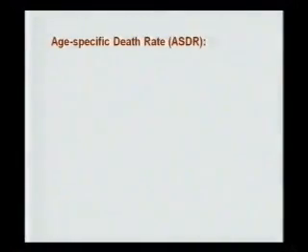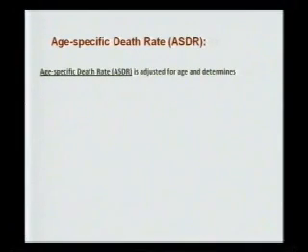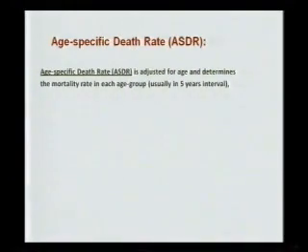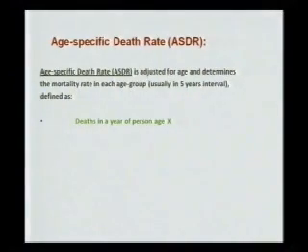Now, how to adjust for age is known as the age-specific death rate. As shown in the slide, the age-specific death rate is adjusted for age and determines the mortality rate in each age group, usually in 5-year intervals. It is defined as deaths in a year of persons aged X, for example, below age 5, 5 to 9, or 10 to 14, as you can have different age groups.